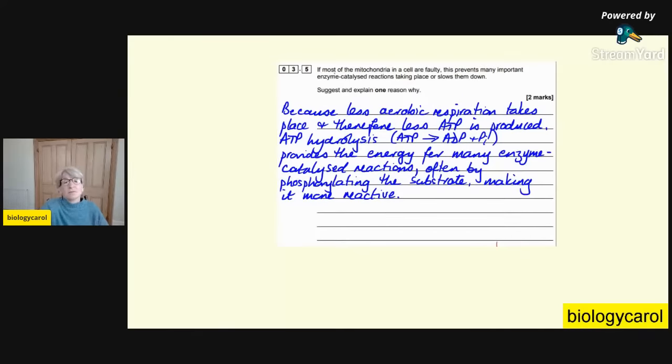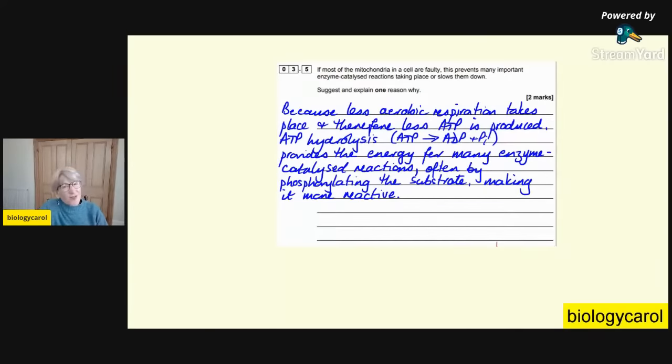Because it's mitochondria, I nearly just wrote 'because less respiration takes place', but as I was writing 'because less', I realized we're talking mitochondria, so I know we're talking aerobic. I'm going to put the word in: aerobic respiration takes place and therefore less ATP is produced.